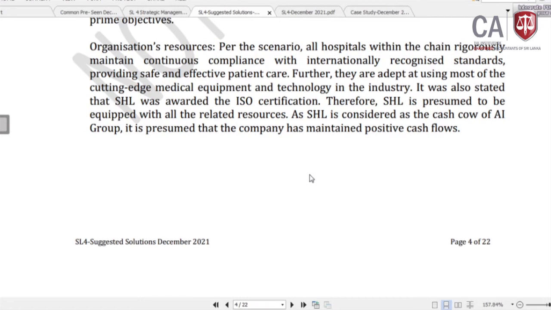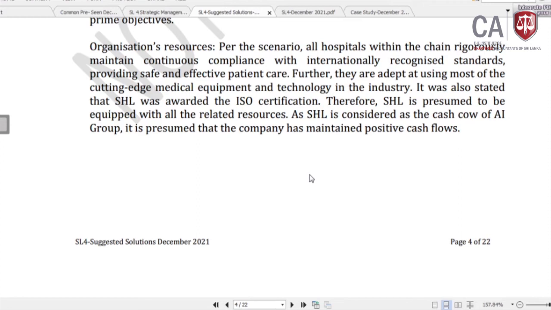Organize resources for the scenario: all hospitals within the chain rigorously maintain continuous compliance with internationally recognized standards, providing safe and effective patient care.